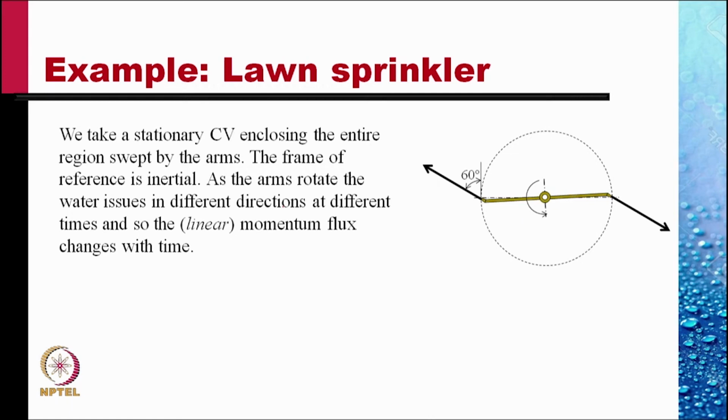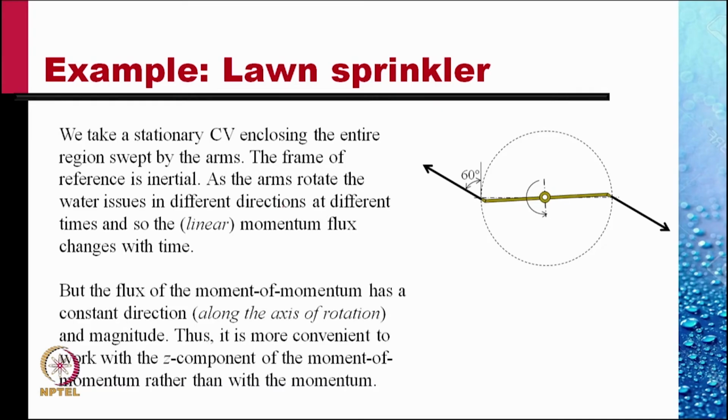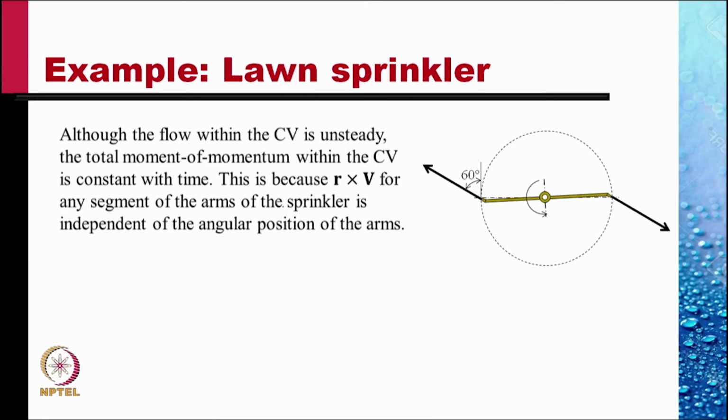As the arm rotates, the water issues in different directions at different times, and so the linear momentum flux changes with time. The flux of momentum has a constant direction along the axis of rotation and magnitude. Thus, it is more convenient to work with the z component of the momentum equation. Although the flow within the control volume is unsteady, the total momentum within the control volume is constant with time.